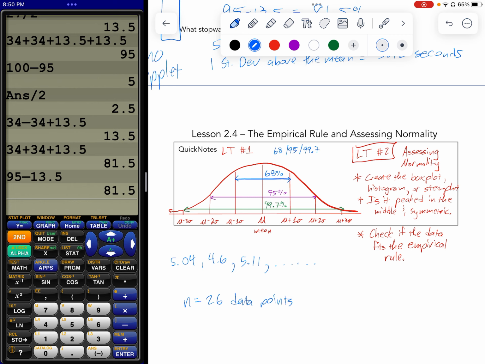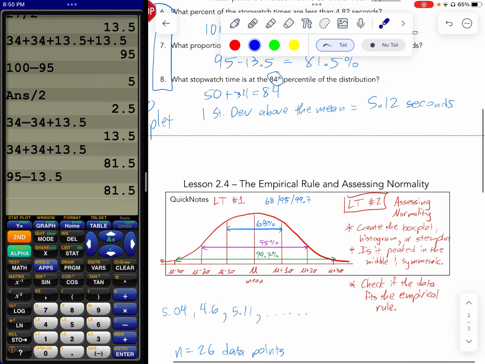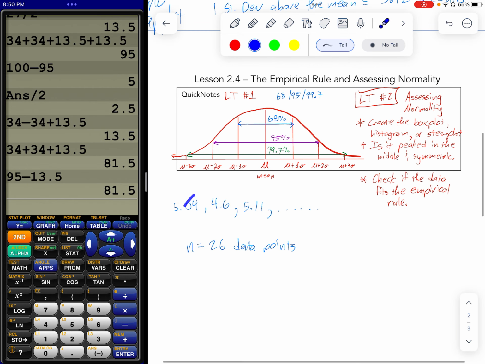To check the empirical rule, you'd have to count up how many are within 1 standard deviation of the mean. Looking at your numbers way up here, you'd have to say how many data points are between here and here, and you'd have to count them up. It would take time. You'd say like, nope, yep, nope, yep, and so on.